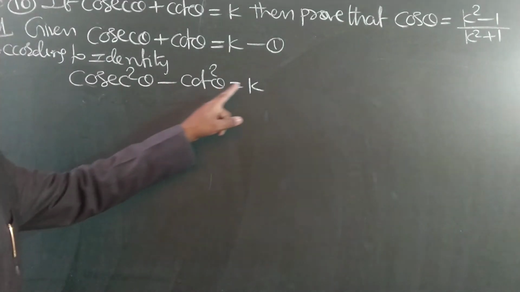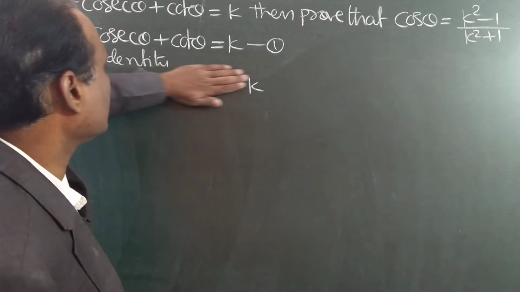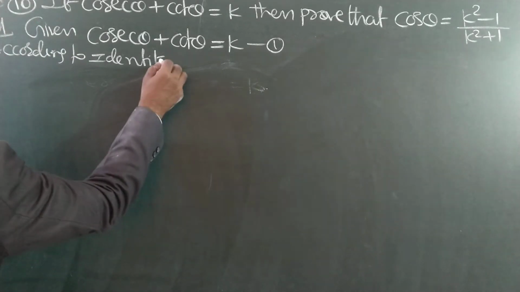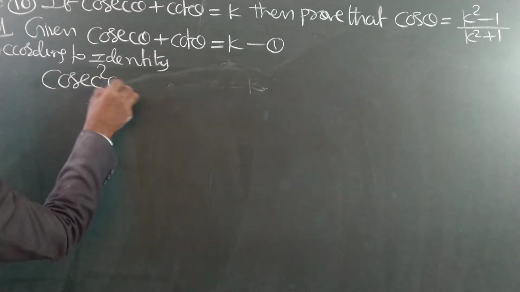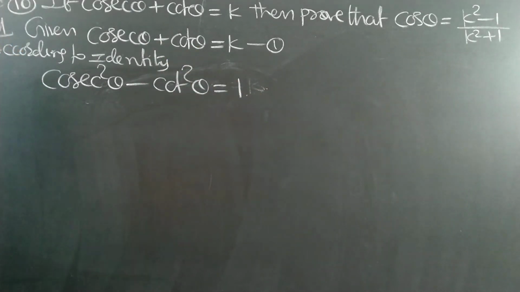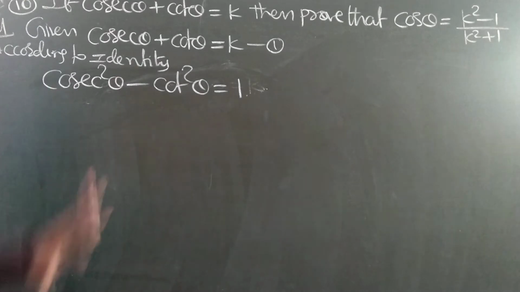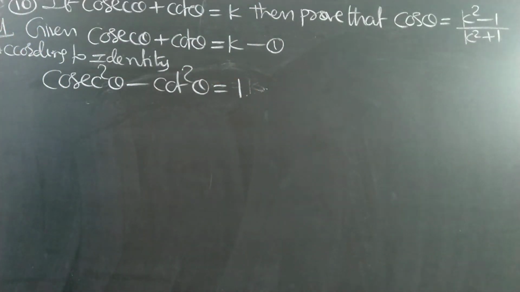I will write it a little bigger. According to the identity, cosecant square theta minus cot square theta is equal to 1. This formula we know. This is the formula used. See, this is given, leave it, that is over, first equation.